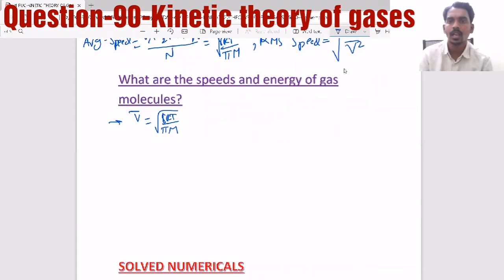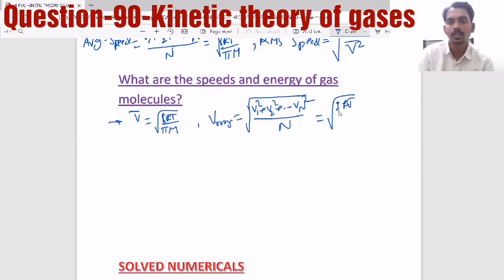And another one is root mean square velocity, that is under root V1 square plus V2 square plus so on Vn square by n, the mean of the square of the speeds under root. That will become under root 3 RT by m. And Vp, most probable speed, is under root 2 RT by m. These are the different speeds a gas molecule can have.